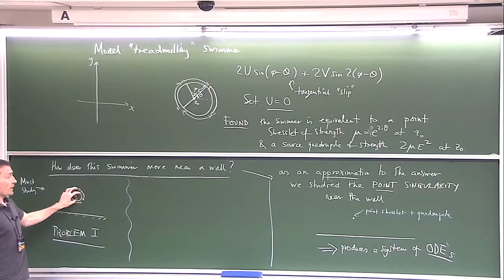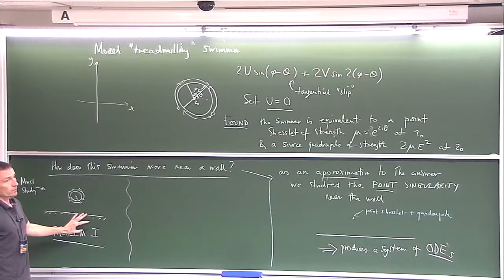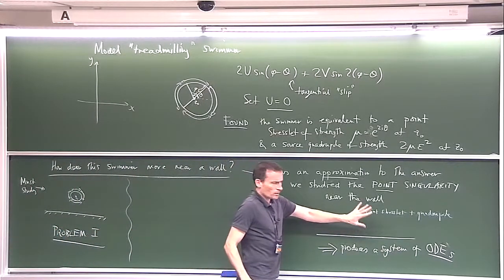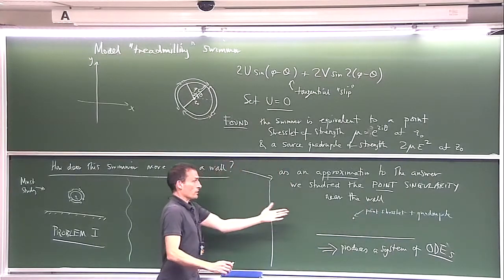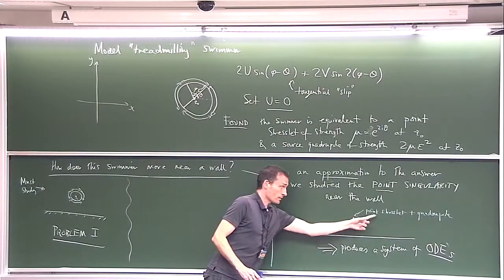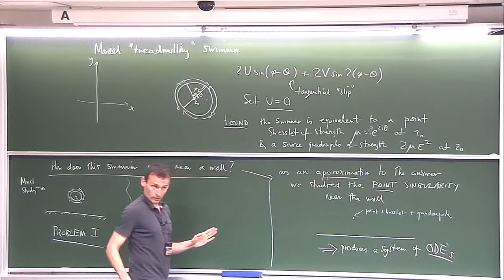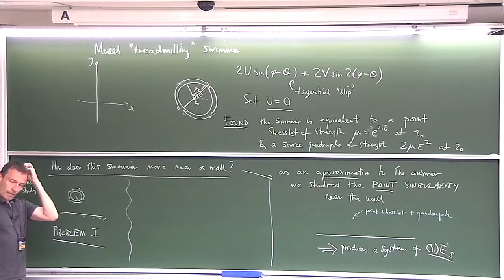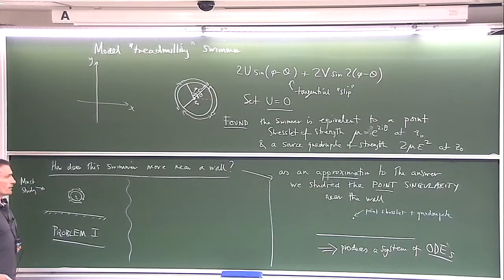What does this actual treadmiller do near the wall? I've got an approximation of what I think it will do near a wall. It's an approximation, because I've approximated the swimmer by this particular set of singularities. But let me see if I can answer this question exactly. And I'm going to do that using a very clever trick that is good to know anyway, because lots of people use this.